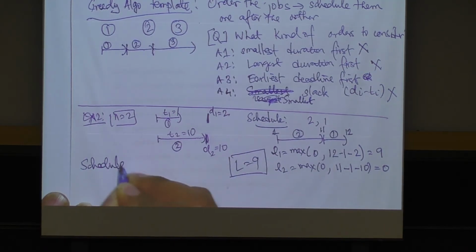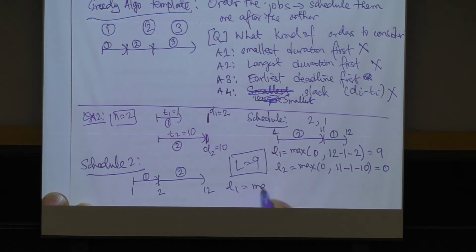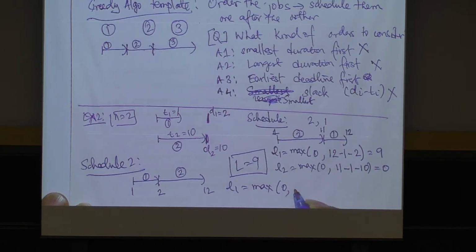On the other hand, if you look at the second schedule, that schedules 1 first and then 2. So this is 1, 2, 12. Then L1 in this case is max of 0, 2 minus 1 minus 2, which is 0.